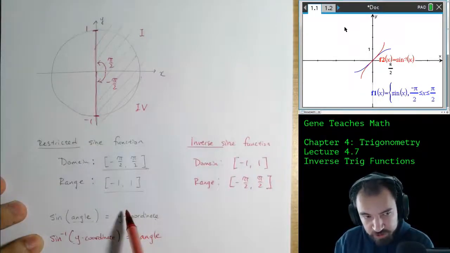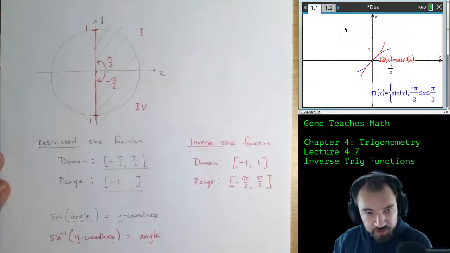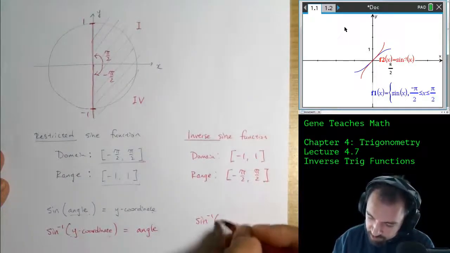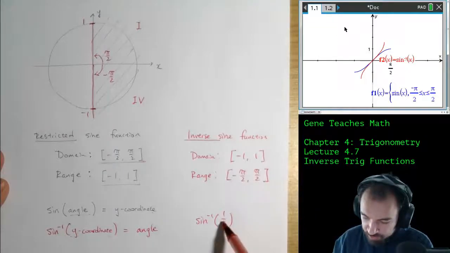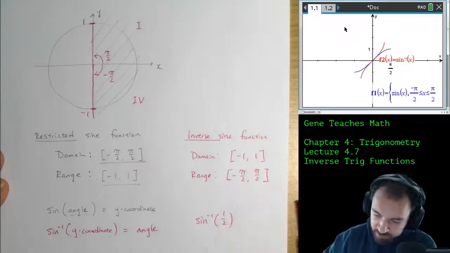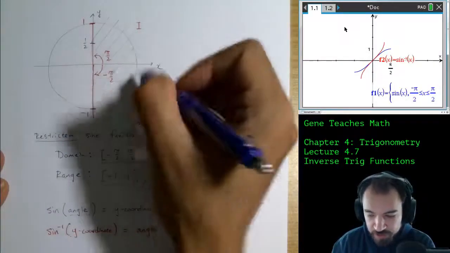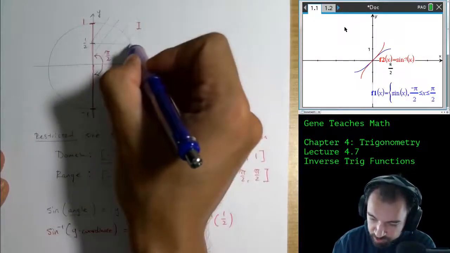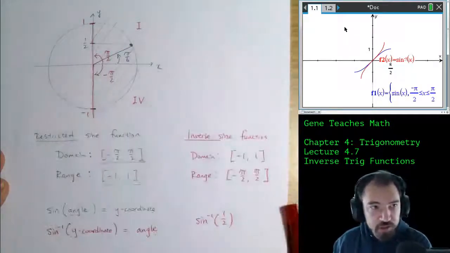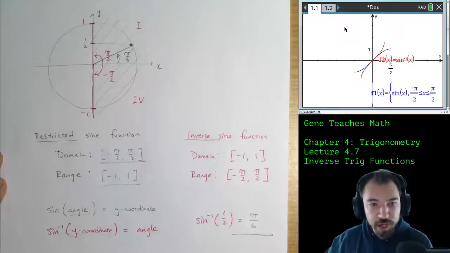But as a result of our restriction, sine inverse will only give us angles that are in those two quadrants, which means now, if I were to say sine inverse of 1/2, which means go and find me the angle where the y-coordinate is 1/2, I can only access angles in the right half of the unit circle. So I know that that angle right there, which is pi/6, is the only choice I have. The answer here will become pi/6, no ambiguity.